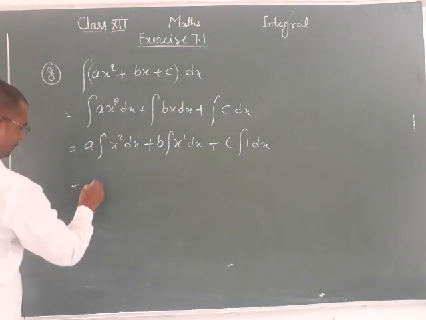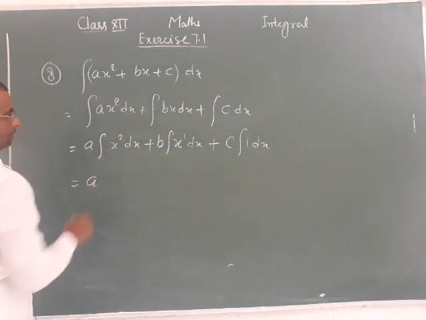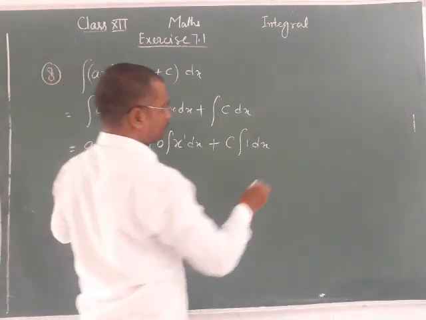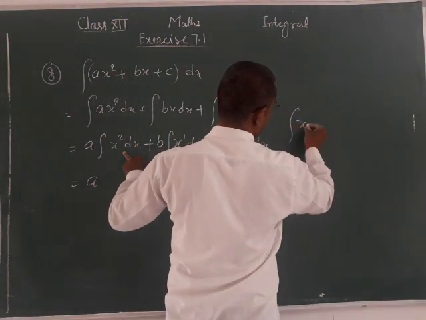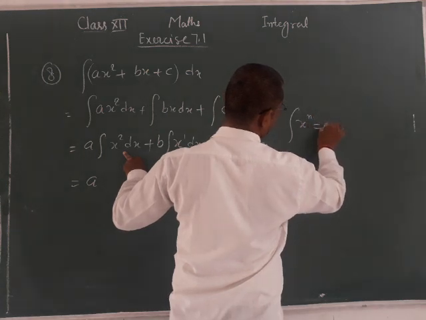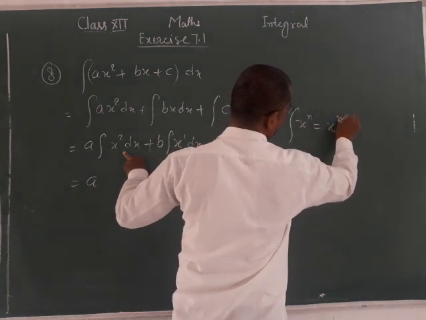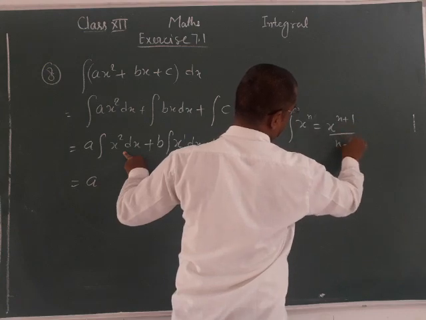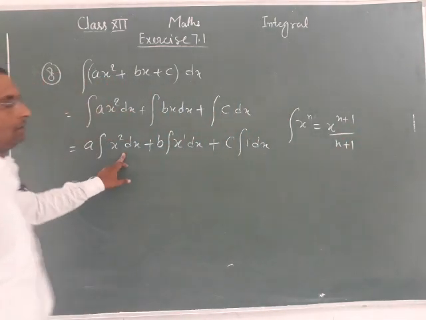So now we know that the integral of x^n dx is equal to x^(n+1) upon n+1.